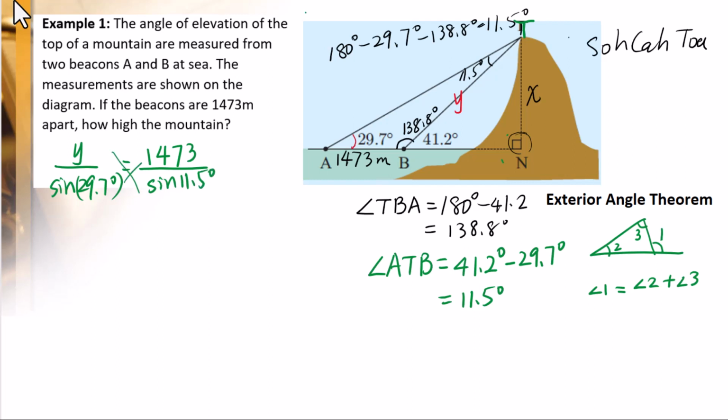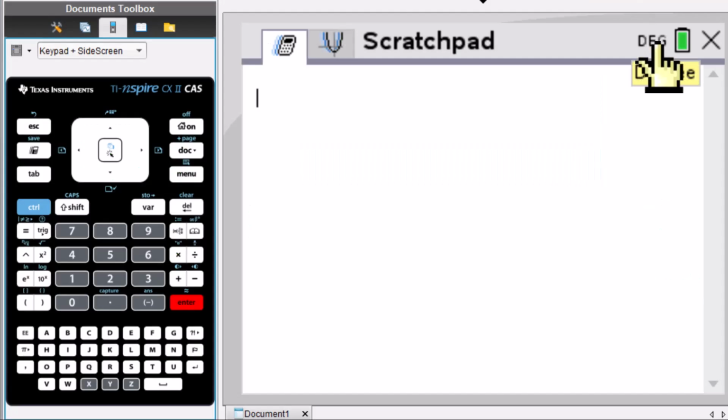Cross multiply. Y equals the numerator 1,473 times sine 29.7 degrees, divided by the denominator sine 11.5 degrees. Make sure the calculator is in degrees.